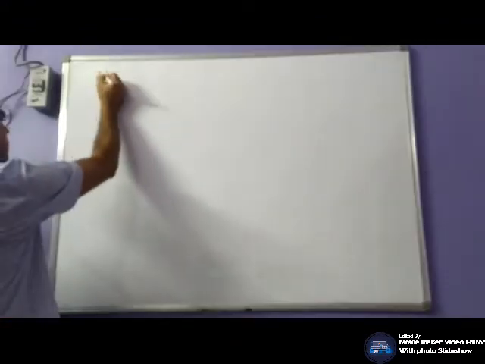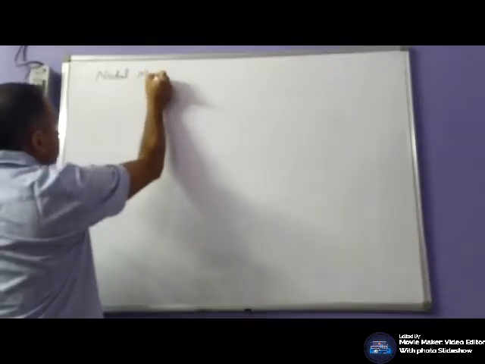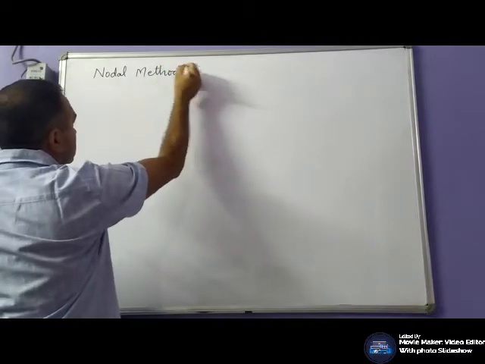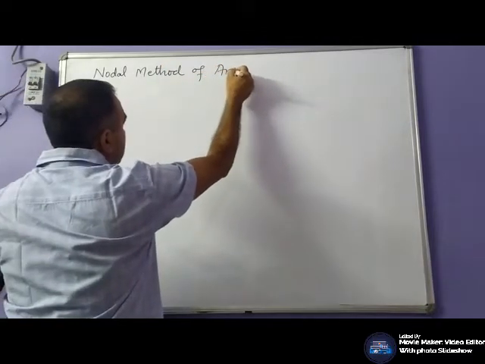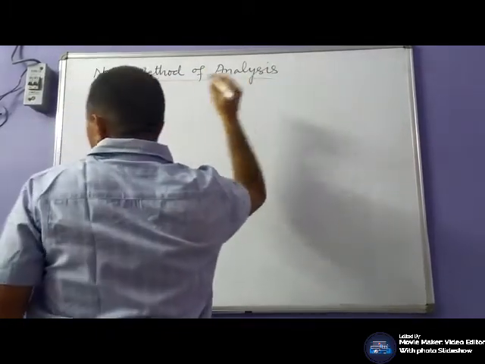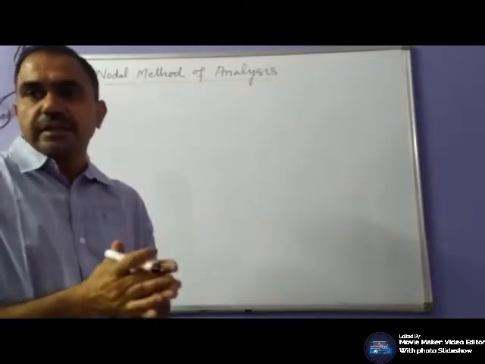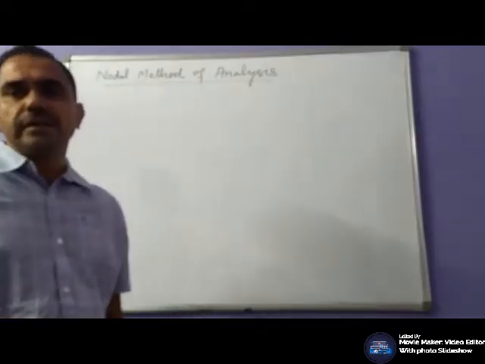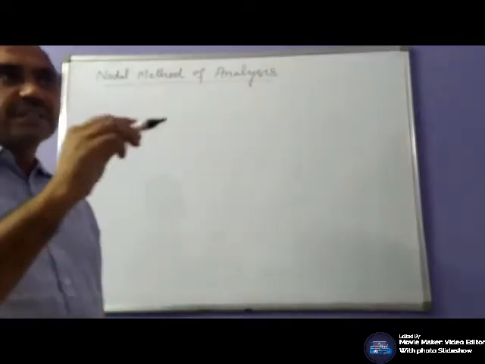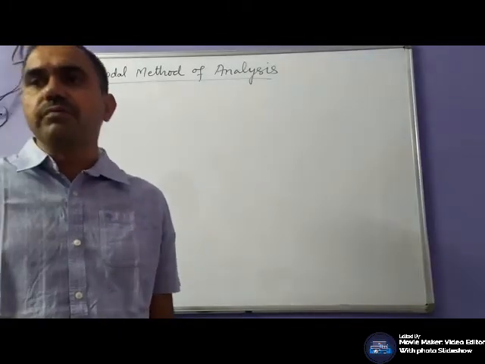Next is the nodal method. We have discussed the loop current method. In the loop current method, you considered a simple three or a number of current loops.